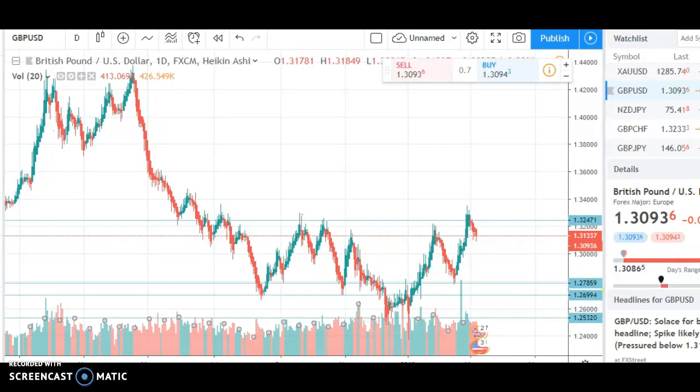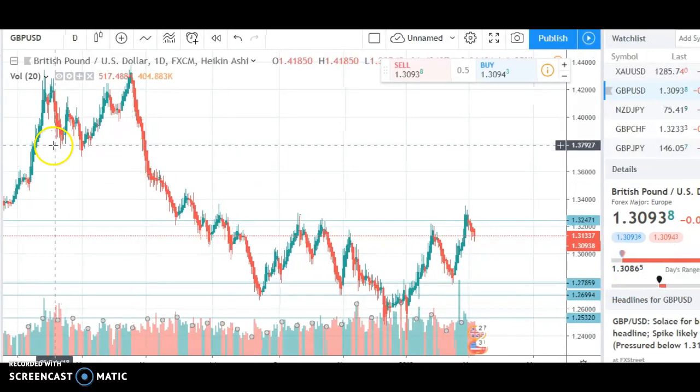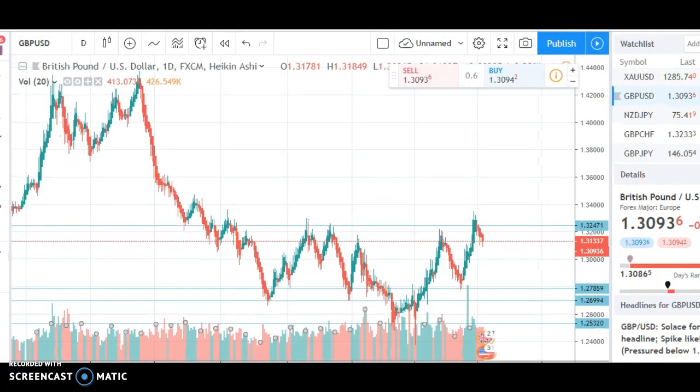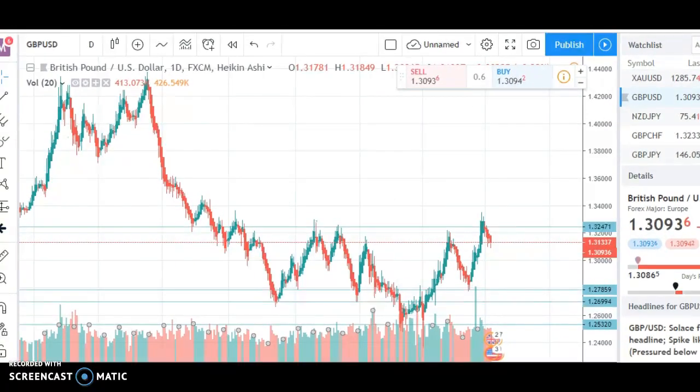Your lot size should be as low as possible because you're going to be having a day trade here, and a day trade requires leaving your trades for a day. That's 24 hours. So what I expect you to do is to be patient and watch it.